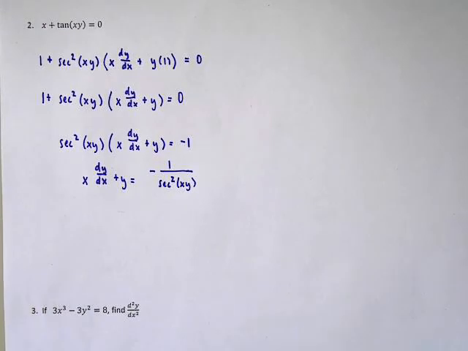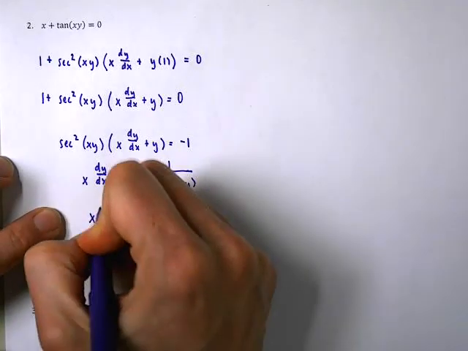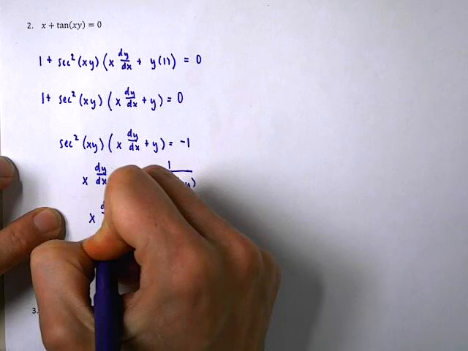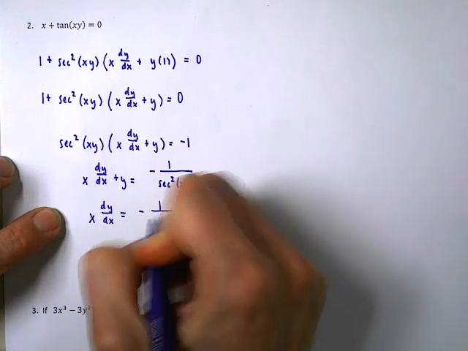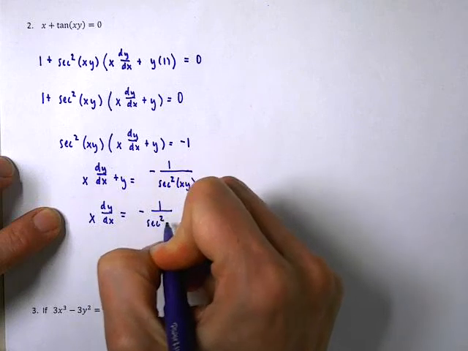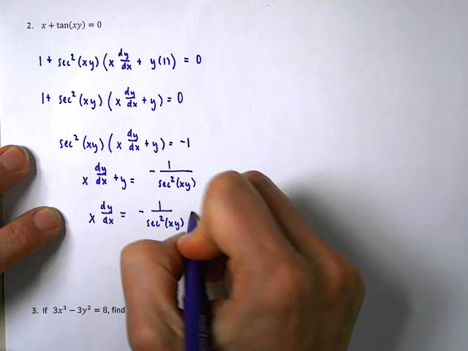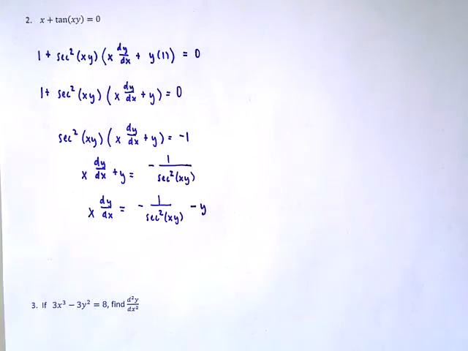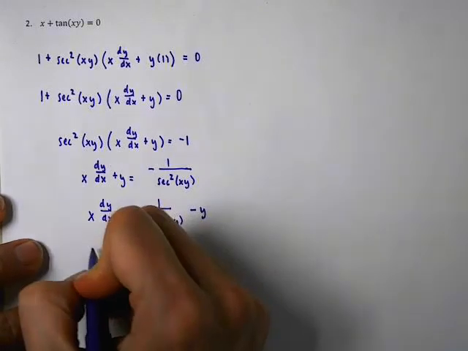The next thing I'm going to do now is subtract y from both sides. So x times dy/dx equals negative 1 over secant squared of xy minus y. And then the last thing I'm going to do is divide everything by x.